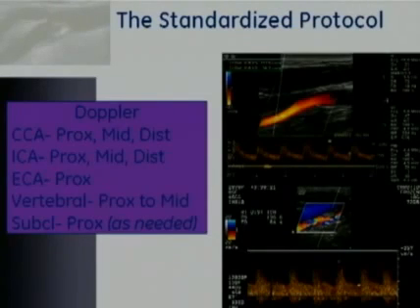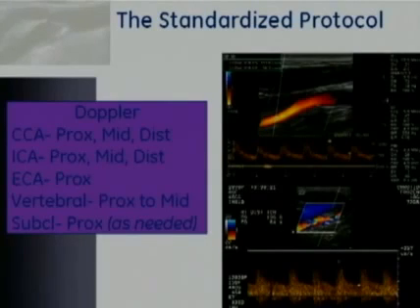ICA, again, proximal, mid, and distal. And in our lab, we actually include a further distal reading, just as far distal as we can. This really helps in those patients with fibromuscular dysplasia, which is seen in the mid to distal ICA. The ECA, we just take a single reading at the proximal ECA.